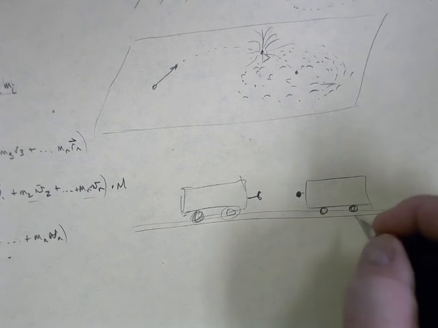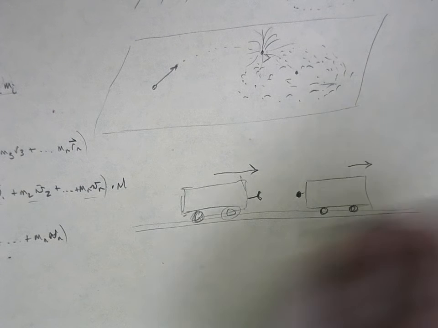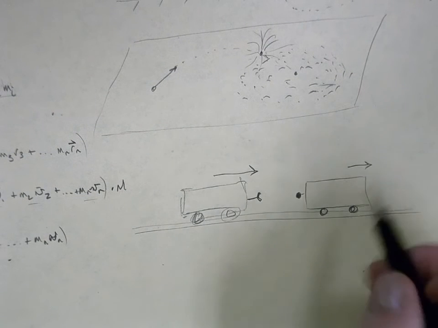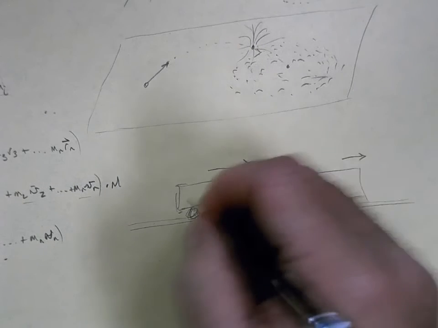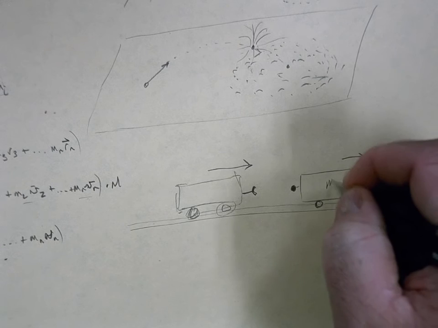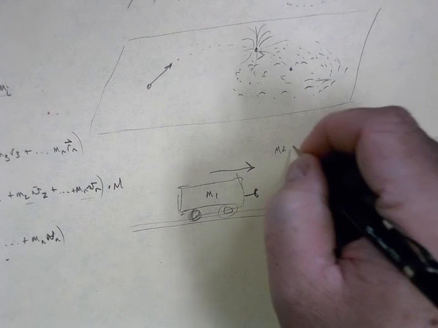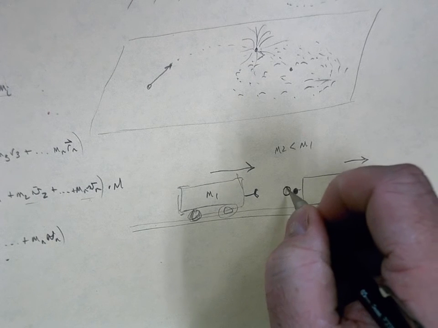They're on their rails, and they both have a velocity. Now this one has a greater velocity than this one. Let's say this is slightly heavier, so M2 is greater than M1, and so our center of mass of the system is right about here.